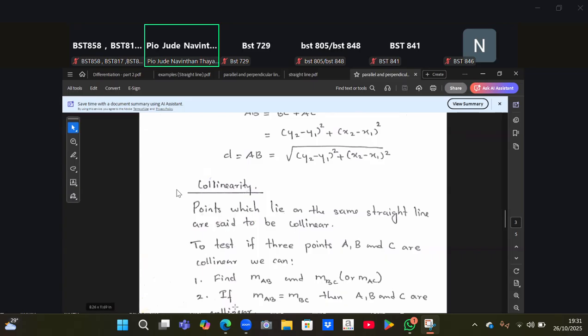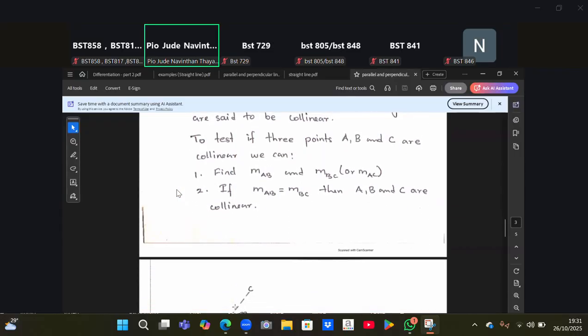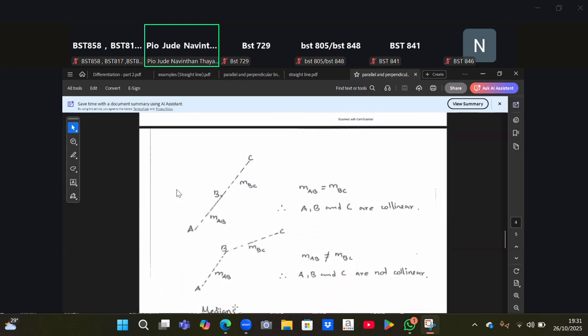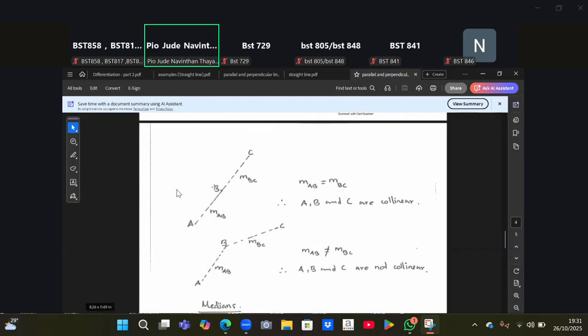So we will come to that concept. Here, MAB and MBC are equal, then straight line. Otherwise, not possible. If you have some other theta, it's not a straight line now.